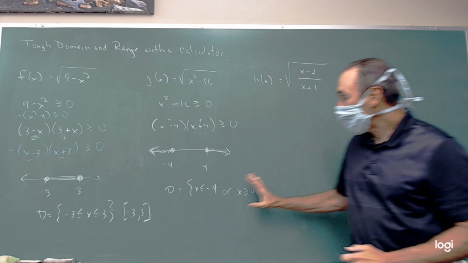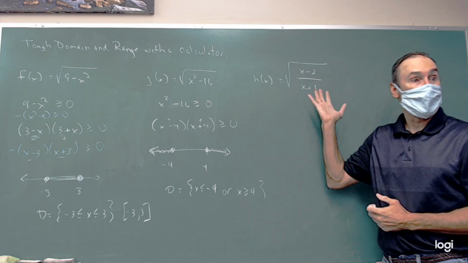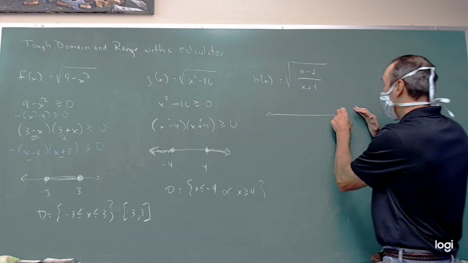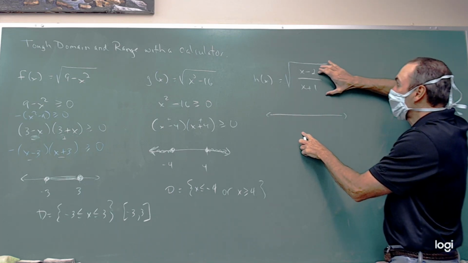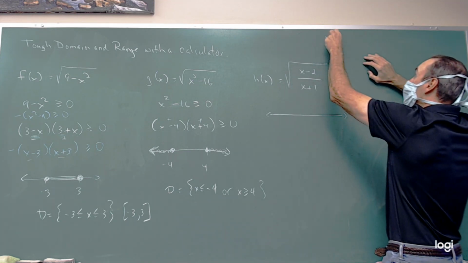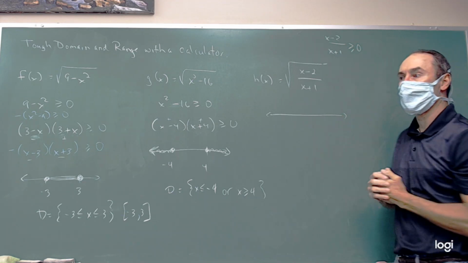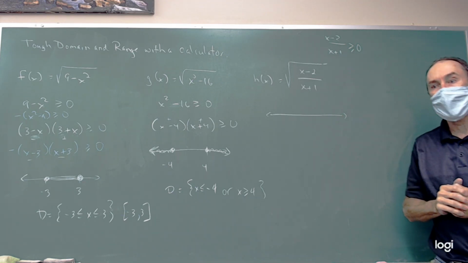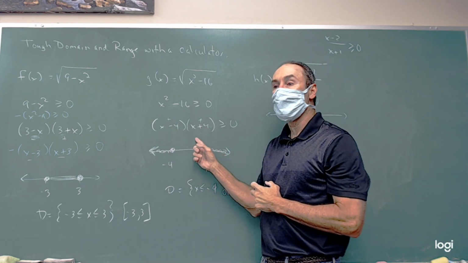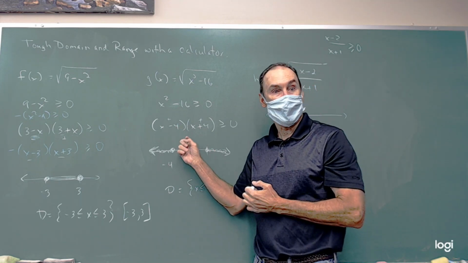All right, now the same idea of doing the sign analysis is going to apply to this big crazy looking fraction. So now we're going to jump right to the number line. What we're trying to solve is x minus 2 over x plus 1 greater than or equal to 0. So we're still looking for those answers. Now, we said in this factored form that this could only change sign from positive to negative or negative to positive if this was 0 somewhere.